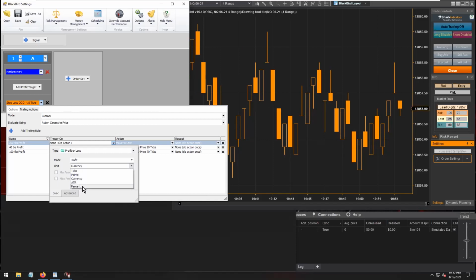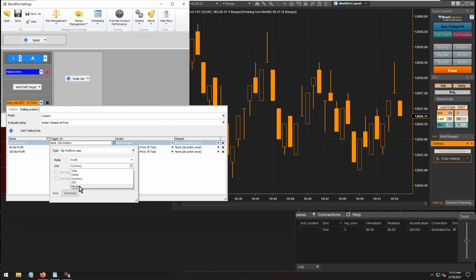In this one particular case, we do have percentage, and this percentage is going to be from the entry price, right? The denominator is locked to the entry price of this trade.